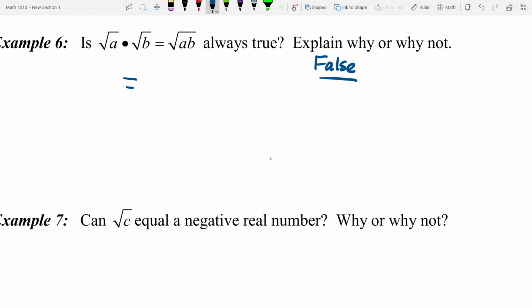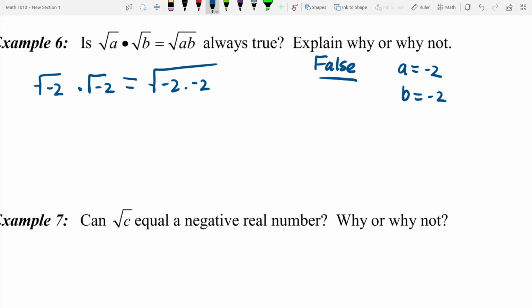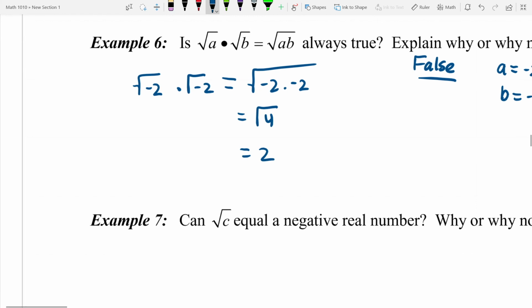What if A is a negative 2 and B is a negative 2? That would give you the square root of a negative 2 times the square root of a negative 2 equals the square root of negative 2 times negative 2. Well, negative 2 times negative 2 is a positive 4. Square root of 4 is 2, right-hand side. Look at the left-hand side.